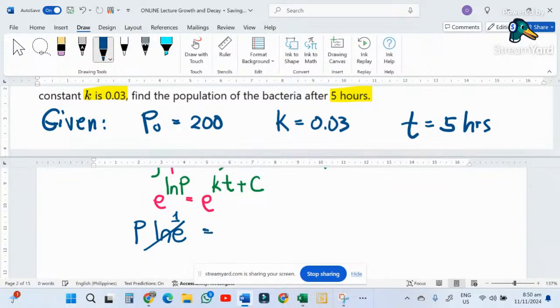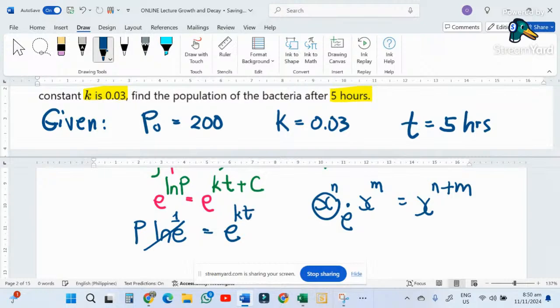And the right side of the equation can be cut into 2, because we know that x to the n times x to the m is equal to x to the n plus m. Now, x here will be our base e. So we will have an e to the kt and an e to the c. These are 2 multiplied together.